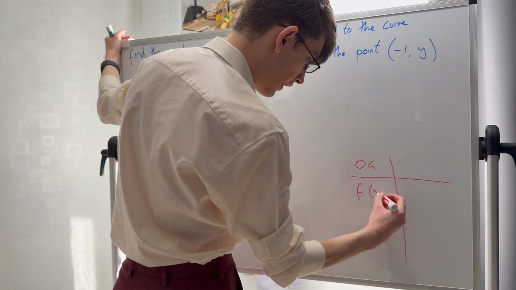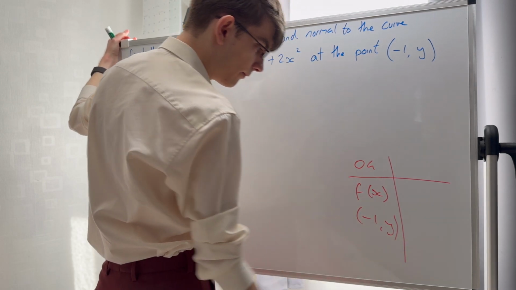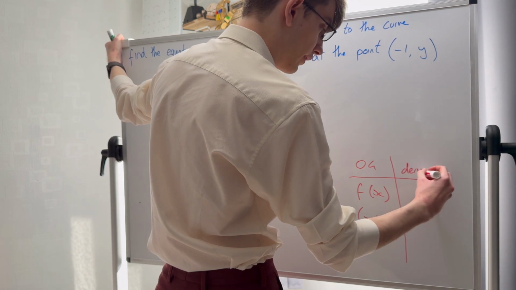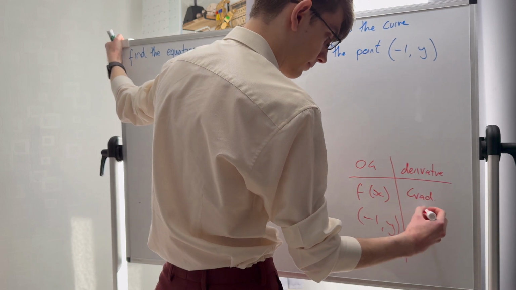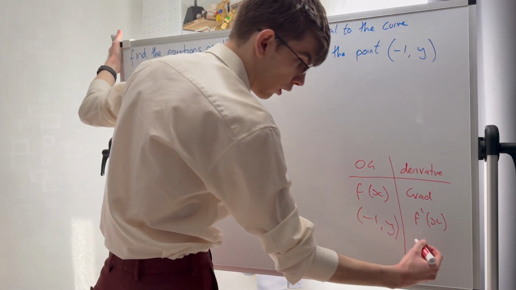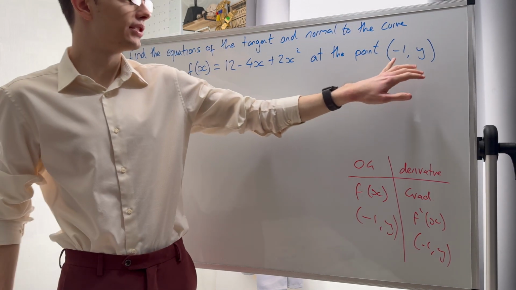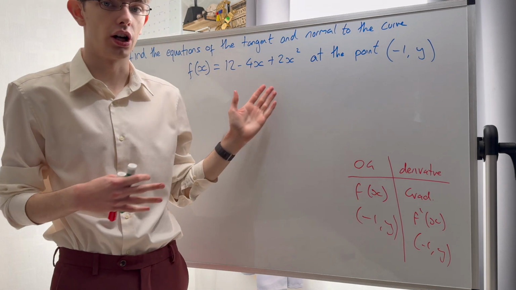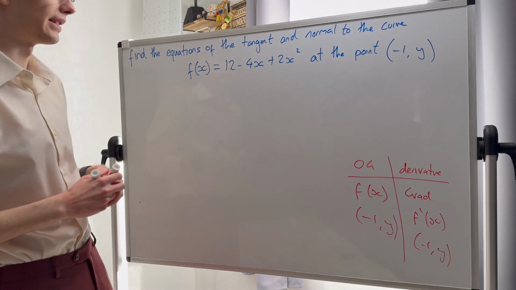So that is f of x and minus 1, y. That is my original information. And then my derivative, so my gradients, which is going to be my f prime of x, and also my minus 1 and my y. The reason for that is because this point will exist on both the gradient and the standard curve. But sometimes it gets confusing as to which one we need to use when. So let's have a look.